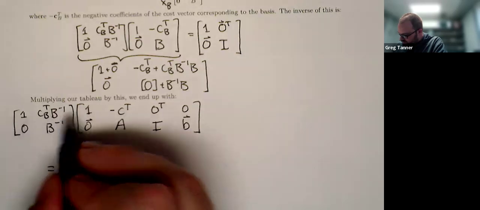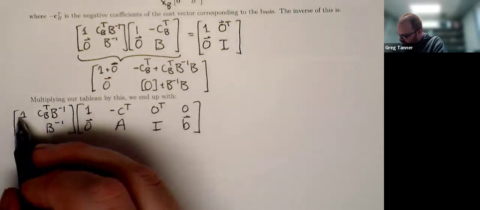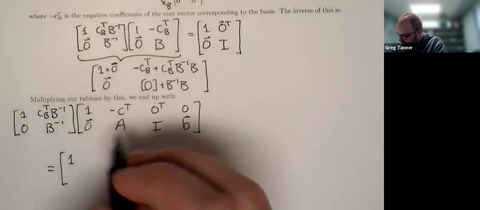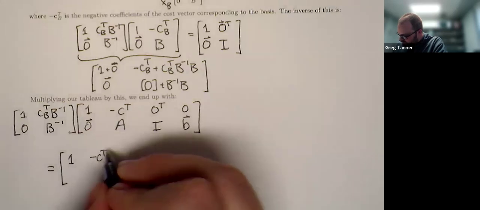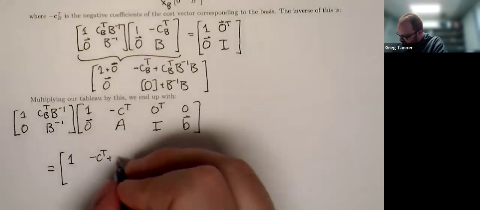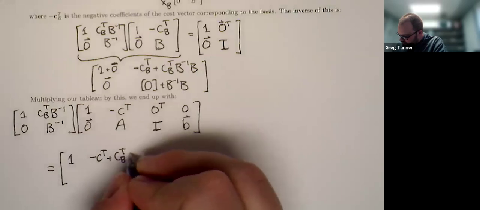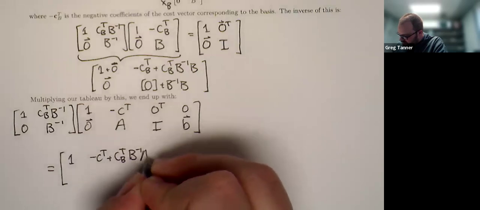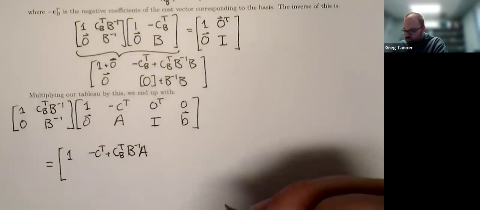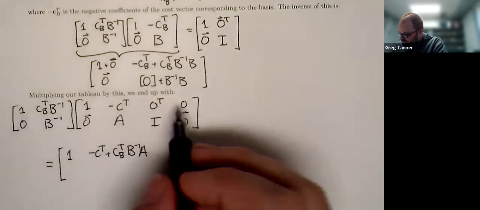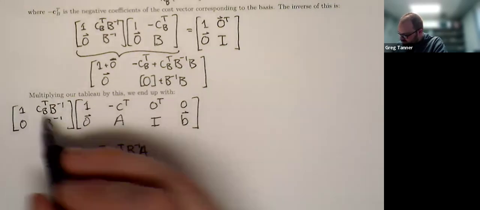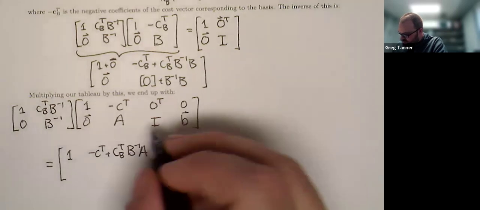Now let's do this times this, and we'll get 1 times negative C transpose is negative C transpose plus CB transpose B inverse A. And then we'll do this times this, 1 times 0 plus this times the identity matrix.